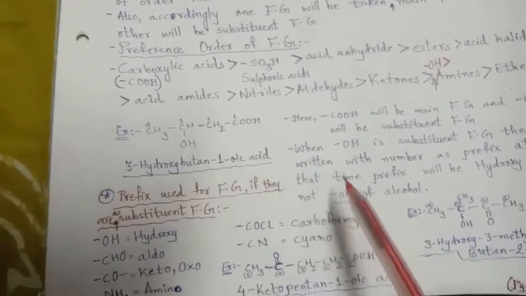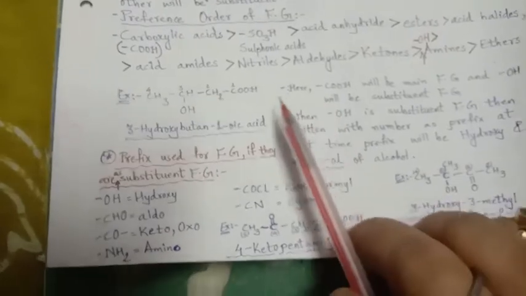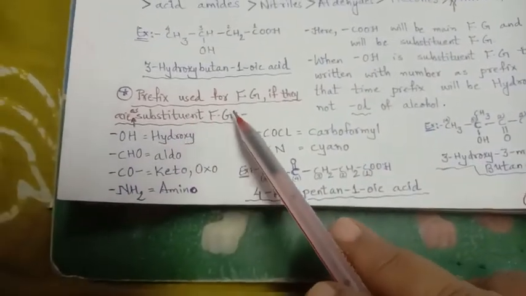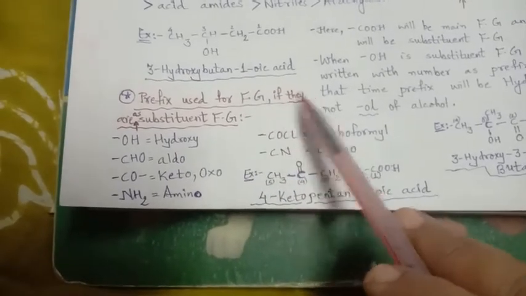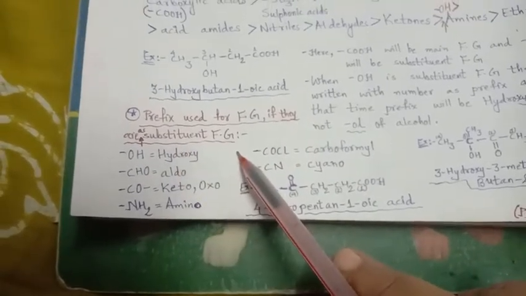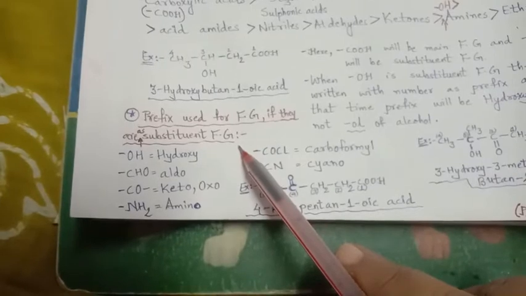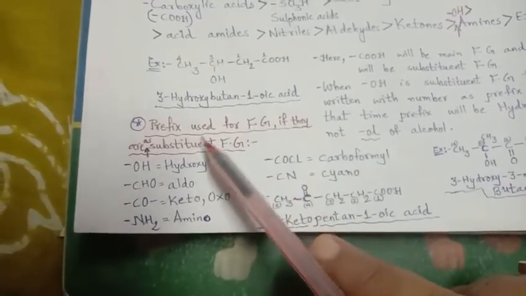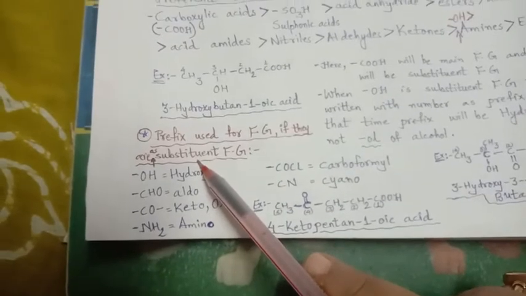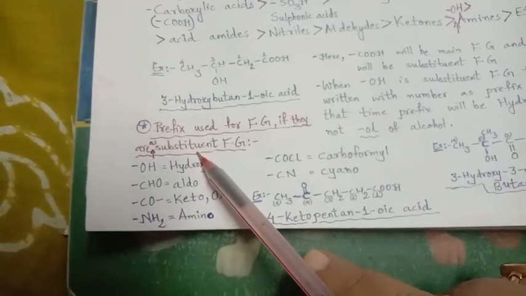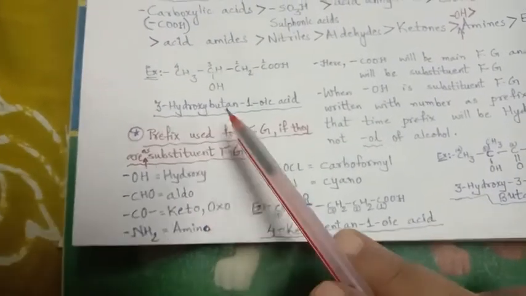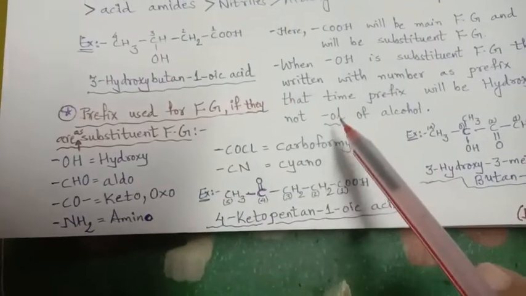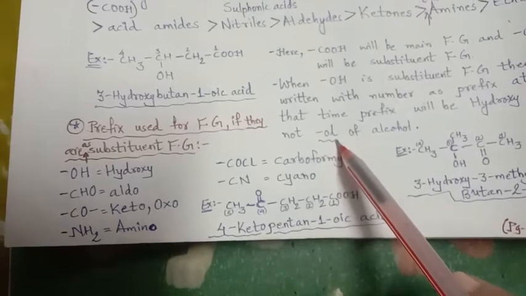Clear? So here what we will do? Here I have given the prefixes which are used for functional groups if they are substituents. We have already learned the functional groups and their suffixes. But now if those functional groups are at the substituent position, then what will be their prefix? Otherwise we know OH takes suffix -ol, right? Pentanol, methanol.